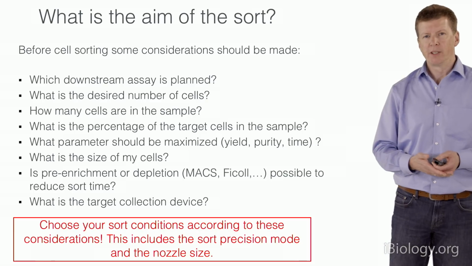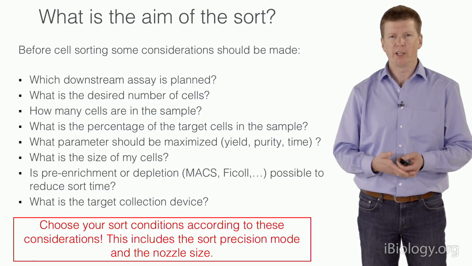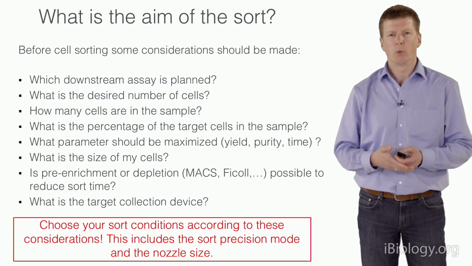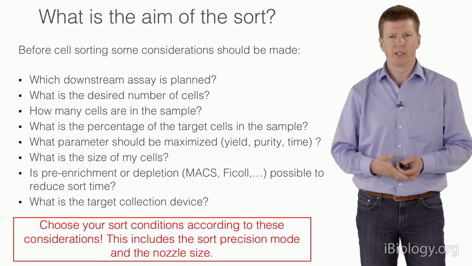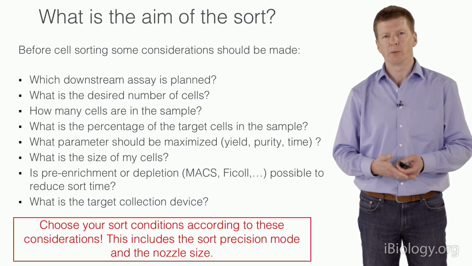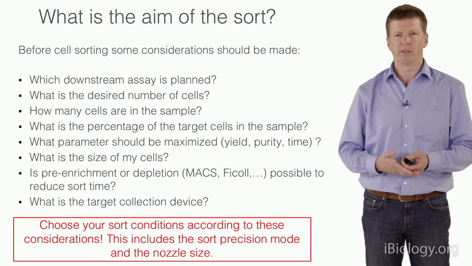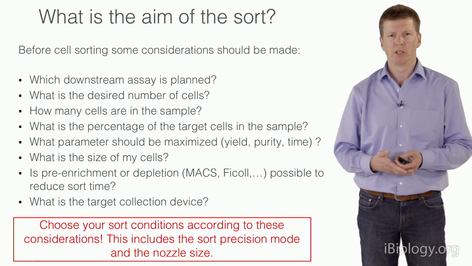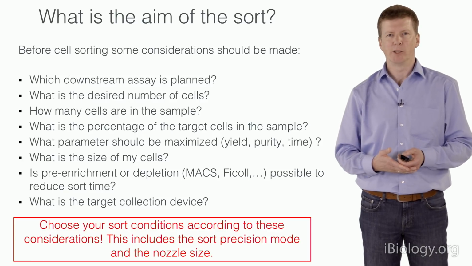When you are performing cell sorting, always ask some questions beforehand, so that you can conclude from those what kind of instrument setup, what kind of nozzles and sort precision modes you are choosing. What is your downstream assay? Do I need cell viability? What is the desired number of cells? What is inside my sample? Can I reach these desired cell numbers?